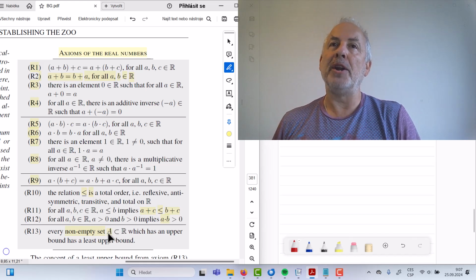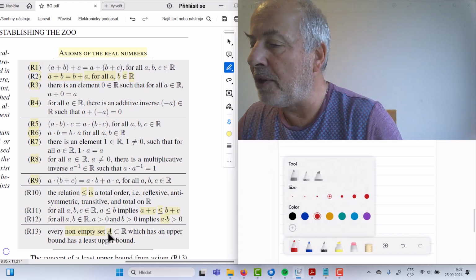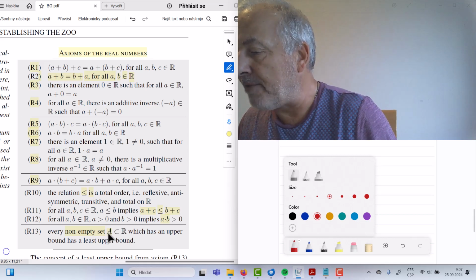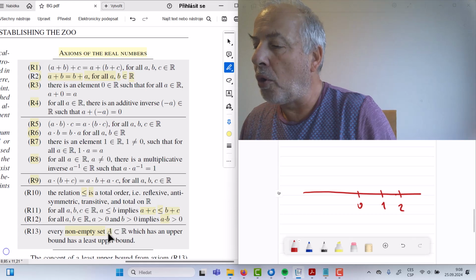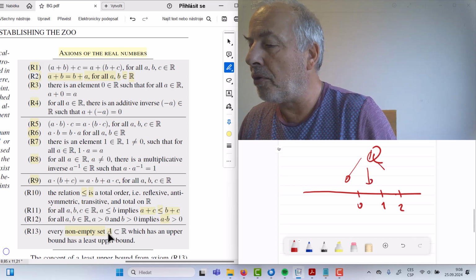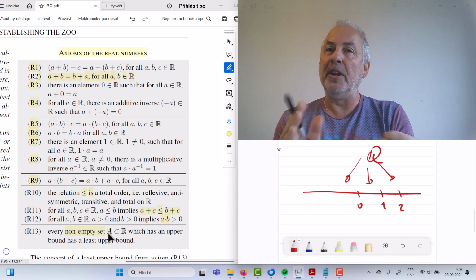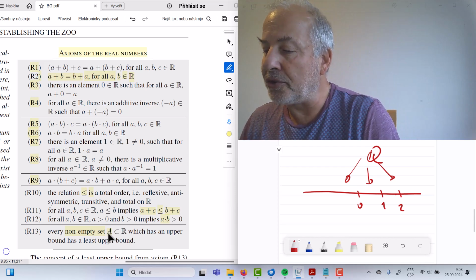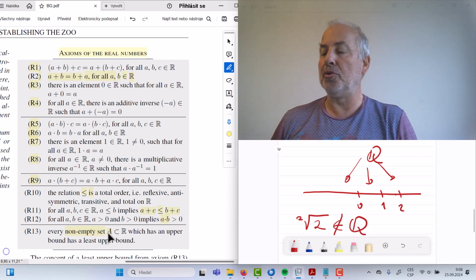And that's the very important property of the reals, which means that what we actually are doing is we imagine the reals as having the real line of this kind, where here is 0, here is 1, here is 2, and so on, and all the rationals are somewhere there. But there are also the reals which are filling the gaps, because as you may imagine, the square root of 2 is not a rational, so we came close to that.